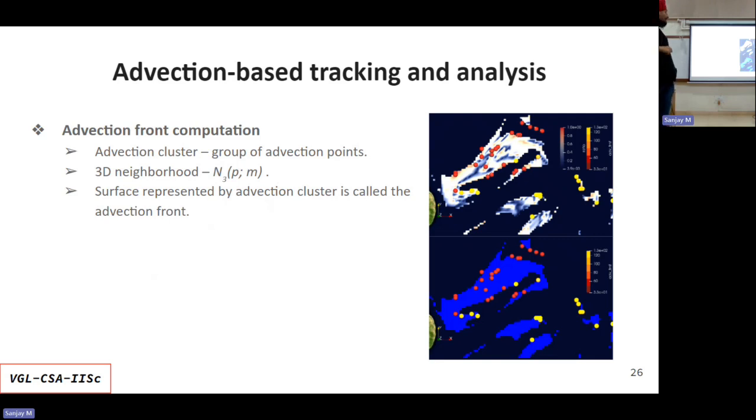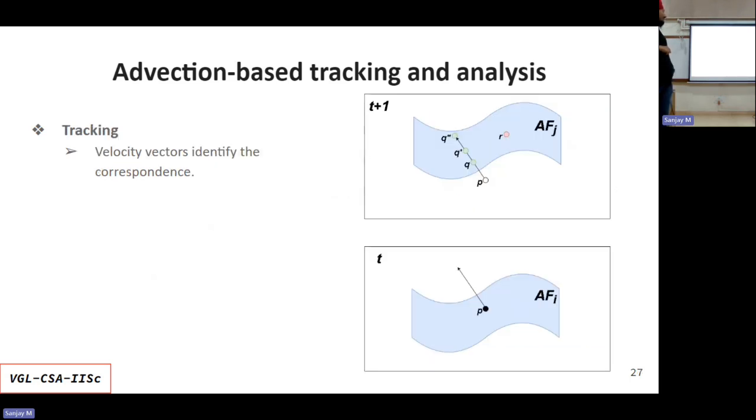Once we have these advection fronts, we again want to find correspondences between two advection fronts to get an edge, creating a similar track graph. For a point in an advection front, we look at its velocity vector, because we want the motion due to currents, and see all the points that velocity vector can reach.